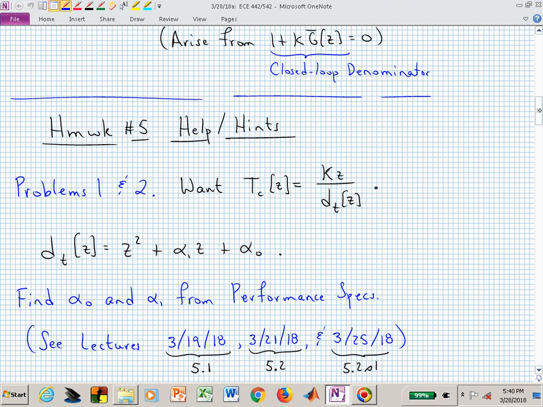If you want to remember what is going on with these performance specs, you have 3 different sources of material: the notes and videos from lecture 5.1, 5.2, and 5.2S1. Those talk about these concepts of performance specifications.